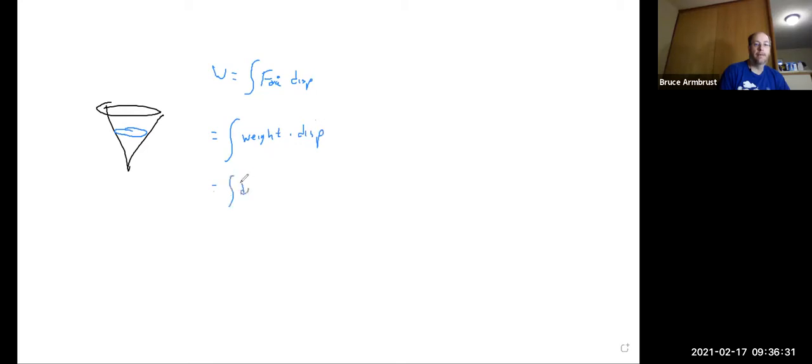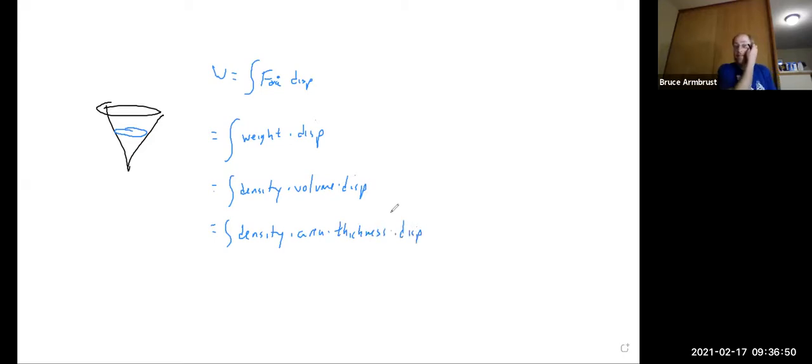So the weight is going to be the density times volume. And then the volume again, that's area times thickness. All right, so it's exactly the same setup as before.